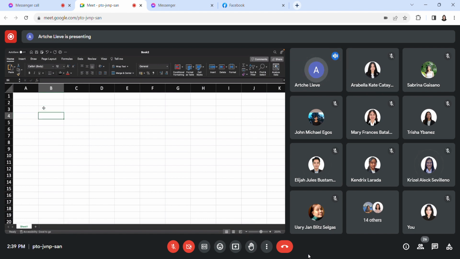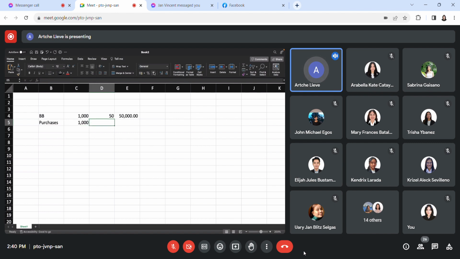So let us say that you have a beginning inventory of 1,000 units with a per unit cost of 50. How much would that be? 50 times 1,000, so you get 50,000. Now, let us say you have purchases of another 1,000.